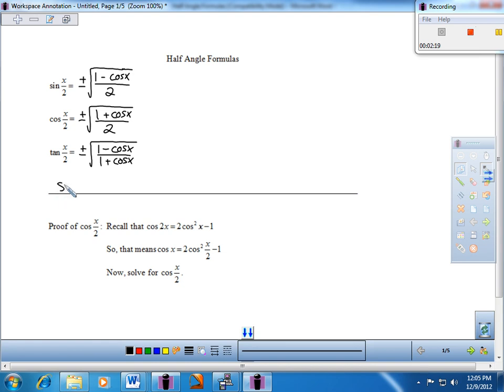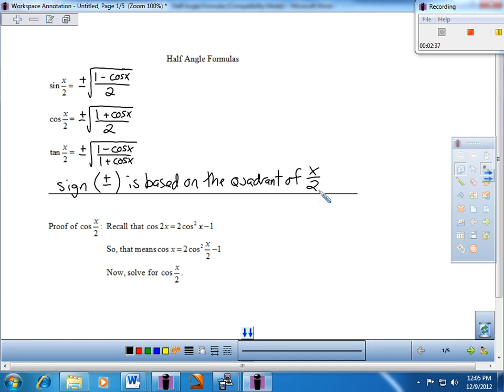So that sign is the key. That sign, the plus or the minus, is really based on the quadrant of our half angle. So please write that in there if you get an opportunity. And then I'm just trying to think back to the previous lessons.